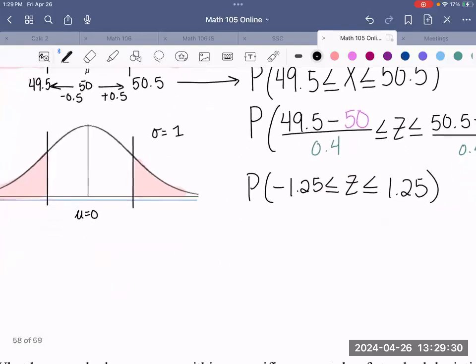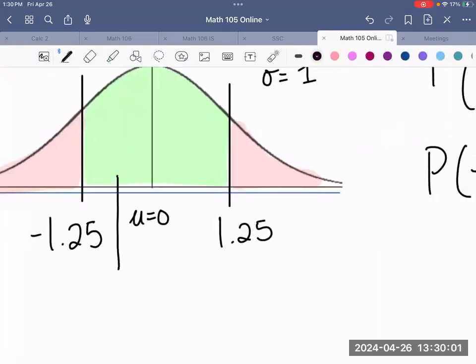So on your z-table, let's find these two values, negative 1.25 and 1.25. In your table, we don't have the negative, but that's okay. We're still getting the positive values of it. Now this in green is the amount by which it is okay. We're not going to reject.